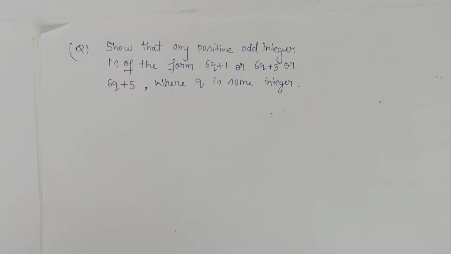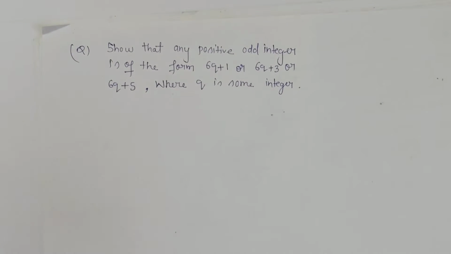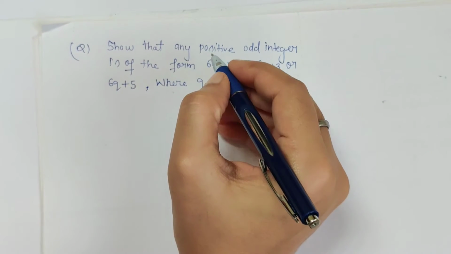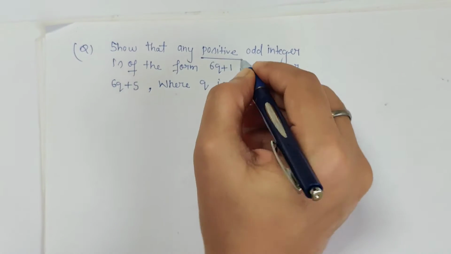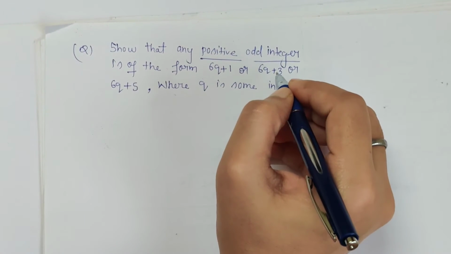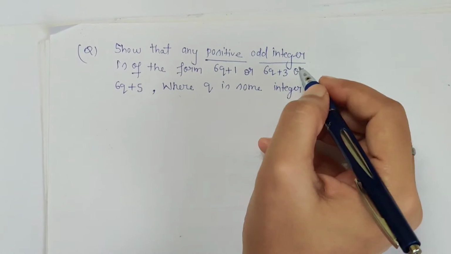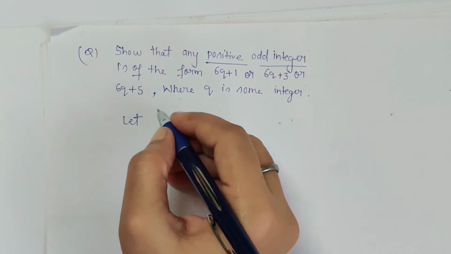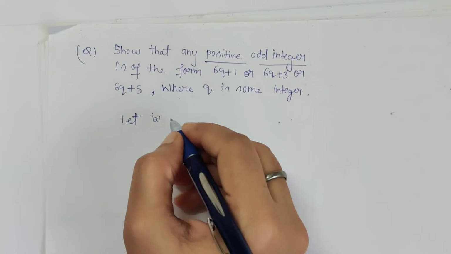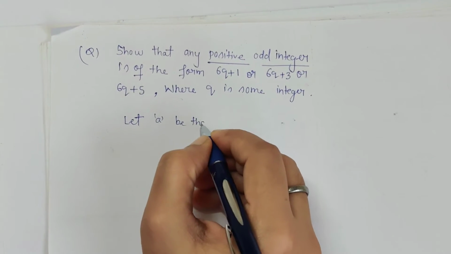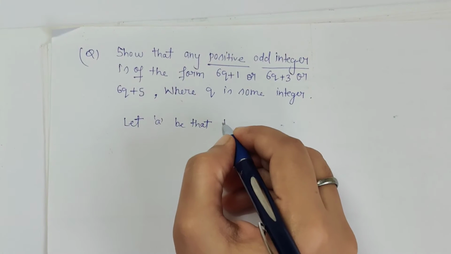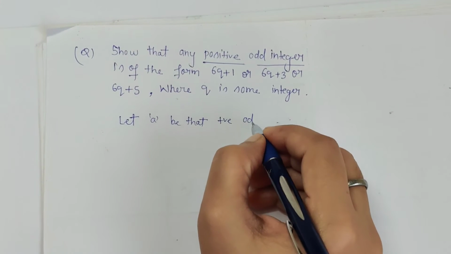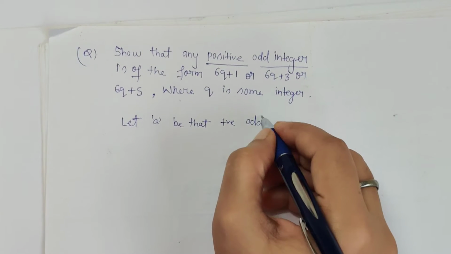What is said? Show that any positive odd integer. That means you have to consider first any positive odd integer, right? Underline the word positive odd integer. So let that positive odd integer be a. We are simply considering nothing else.